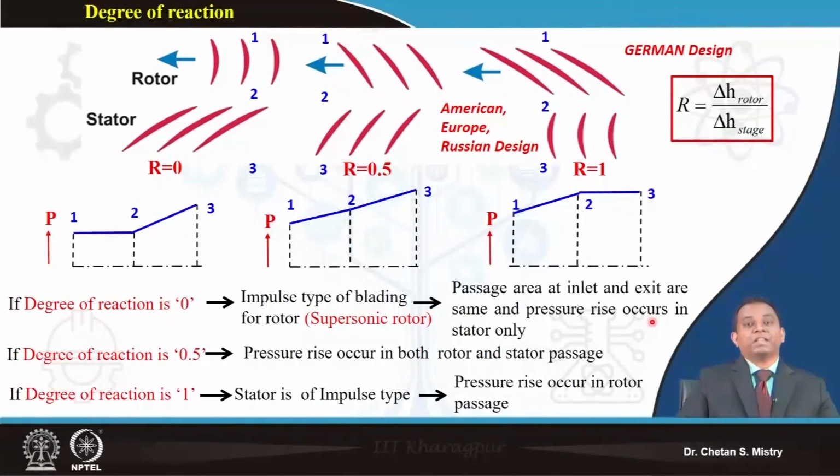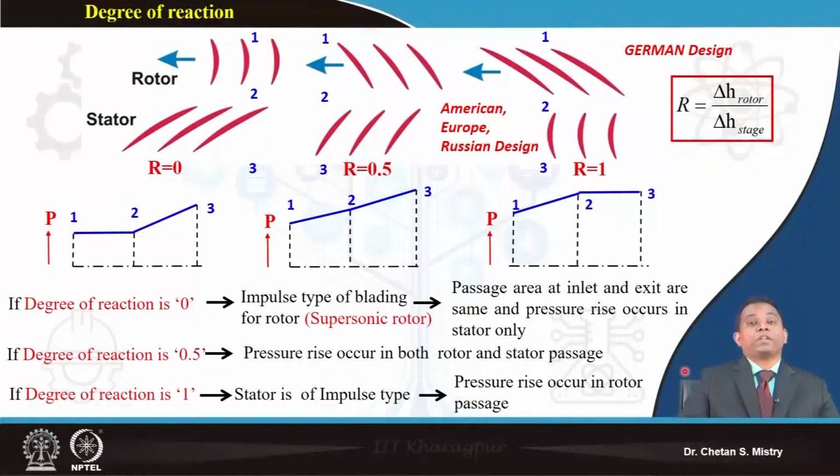We realize this degree of reaction is a concept applicable to turbines, but in this case we are using it equally for our compressor, because compressor is a working device that converts your kinetic energy into potential energy, or in the sense of diffusion. So working of my compressor I can make by using this degree of reaction calculation. So now you can understand we are moving more towards the design aspects for axial flow compressors.